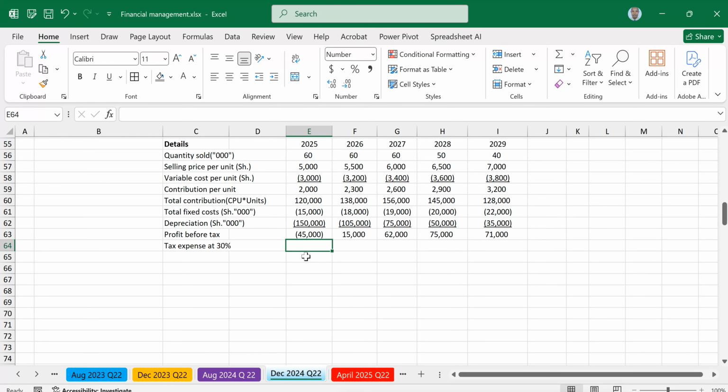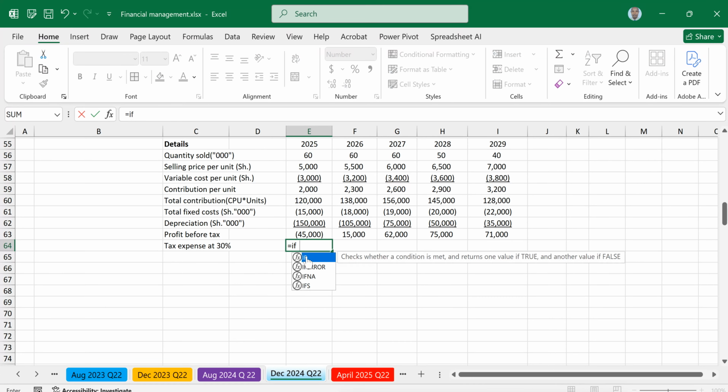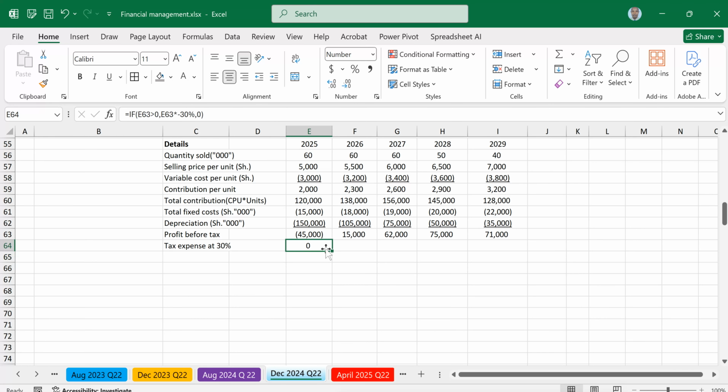Equal sign, if, tab. If this cell is greater than 0, comma, take that cell and multiply with negative 30%. Otherwise, the answer is 0. Remember, we did if statement some time back. Enter. Drag across, and you have your amounts.